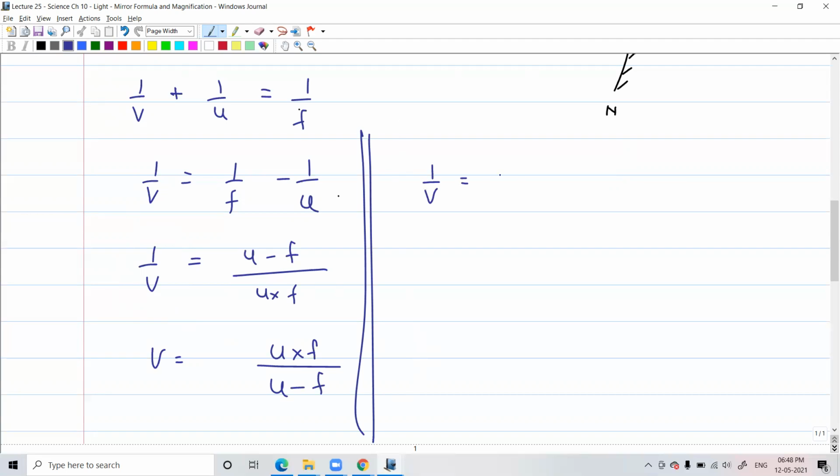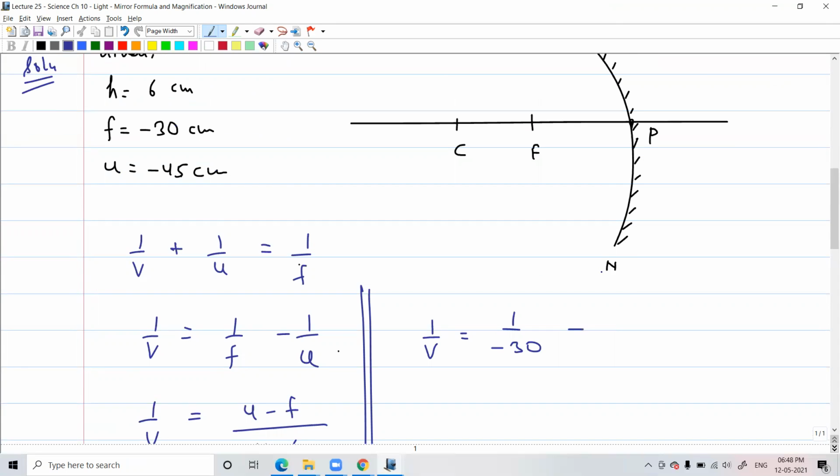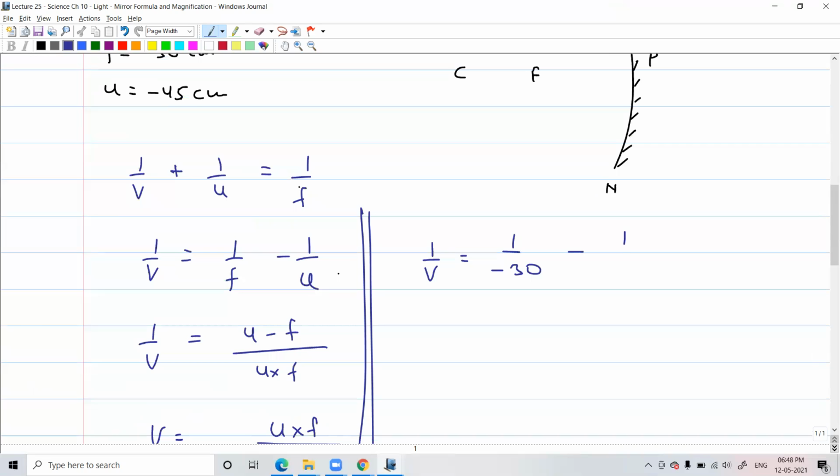You can just write 1 by V is equal to, in place of 1 by F, 1 by minus 30, minus 1 by U, which is 1 by minus 45. But don't forget to put the signs properly. Your focal length was minus 30 and U was minus 45.